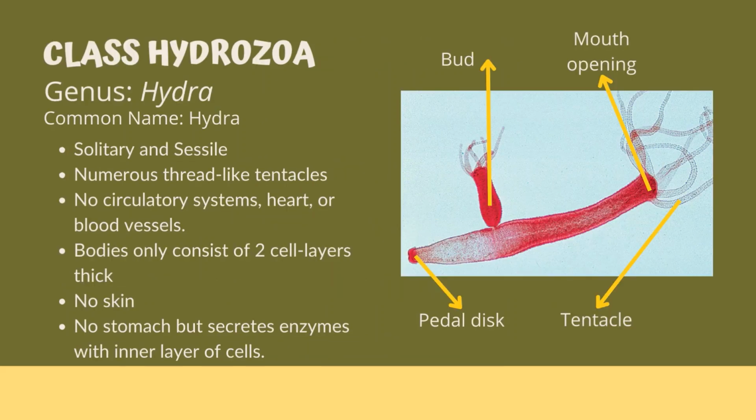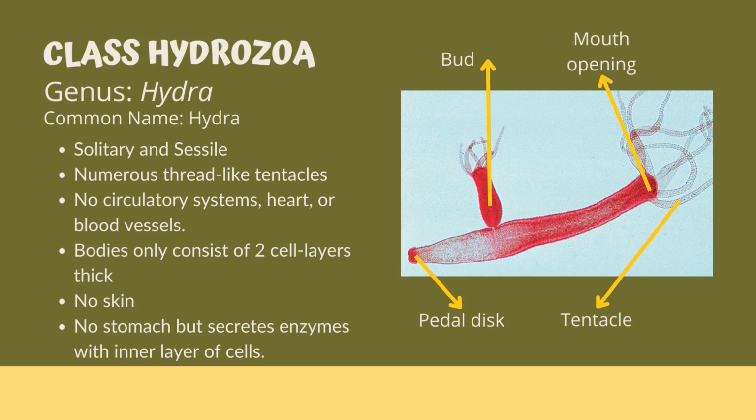Now, under the Hydrozoa is the Hydra, commonly known as the Hydra. These species have no circulatory system, heart, or blood vessels. Their bodies are only two cell layers thick, so oxygen diffuses into areas of the cells that are low in oxygen.